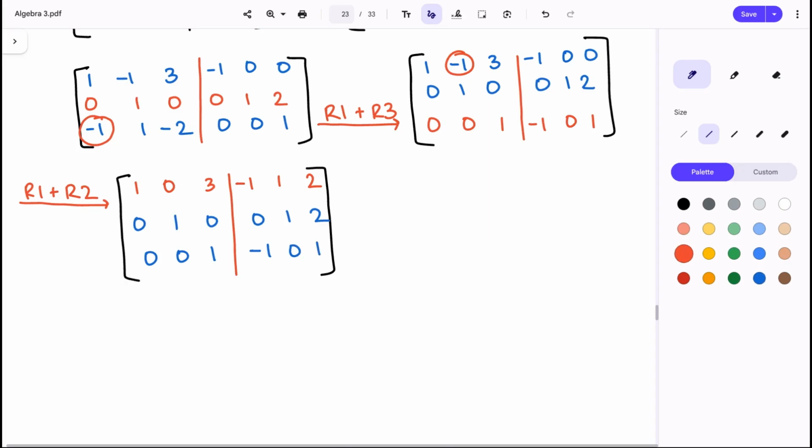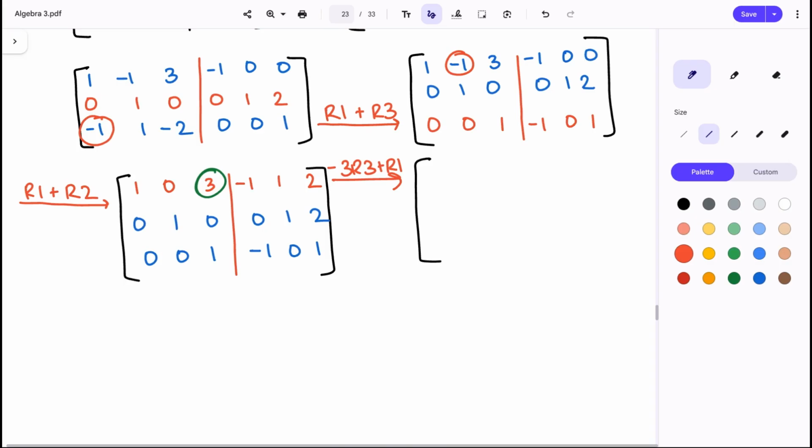All right, the last thing we need to do is take care of this 3. How can we do that? Yeah, perfect. All right, so row 3, we're taking times negative 3.